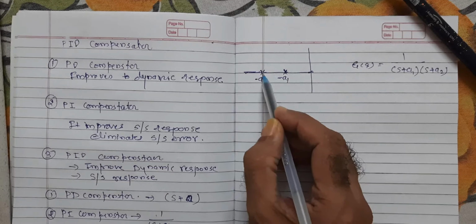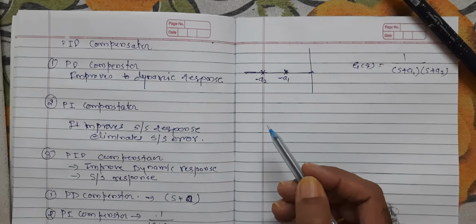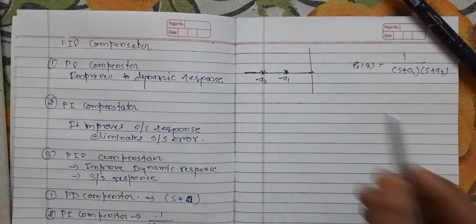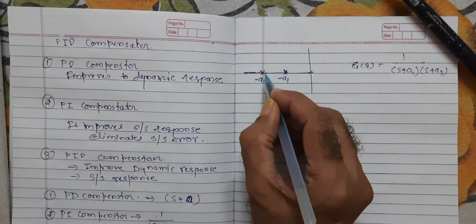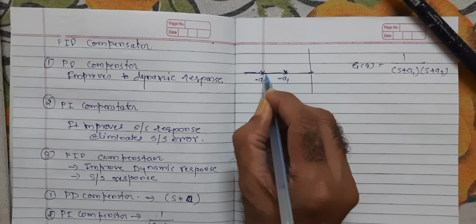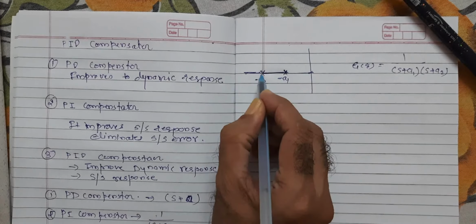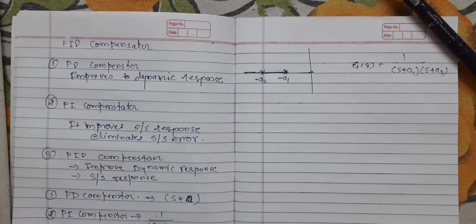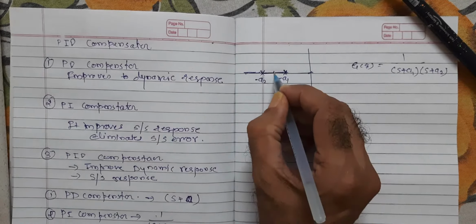That means between minus a2 and minus a1, the root locus exists, between these two points. Here there will not be root locus. Now here we have the breakaway point.